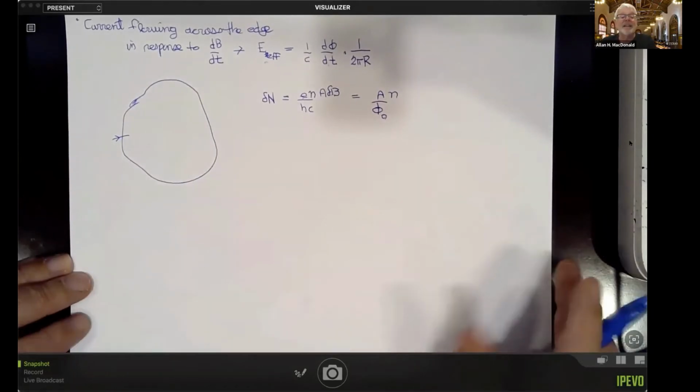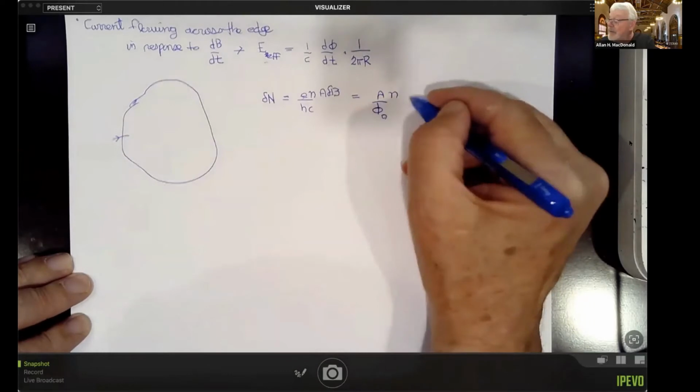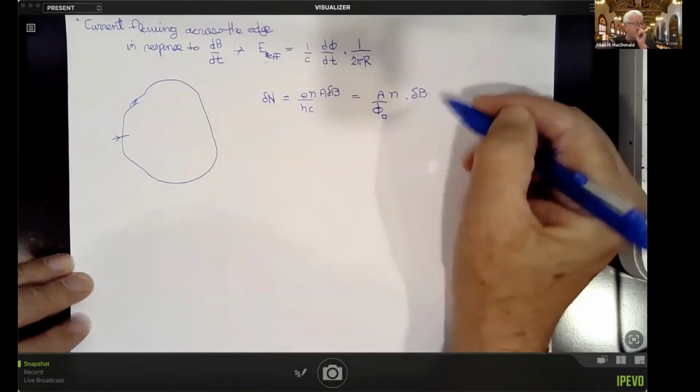So that's the derivative of N with respect to B.